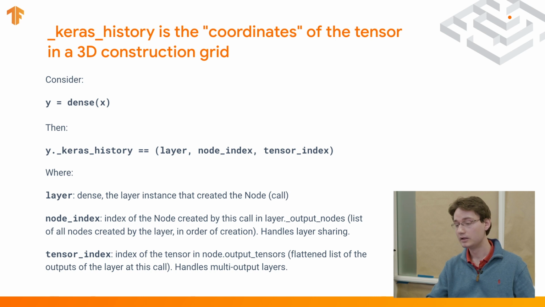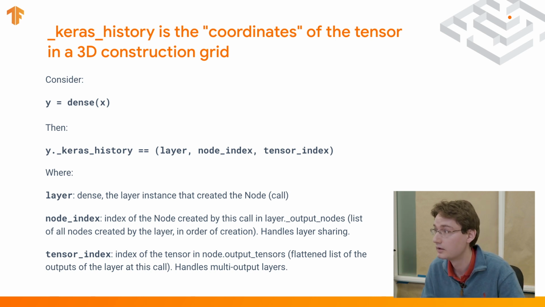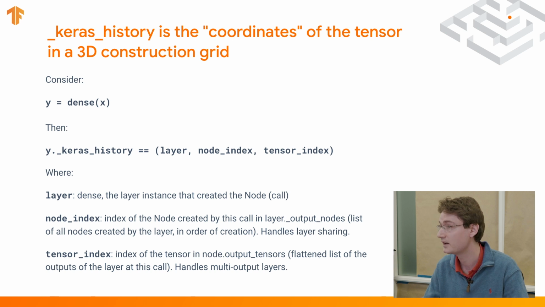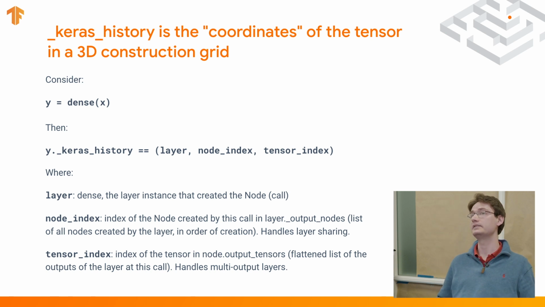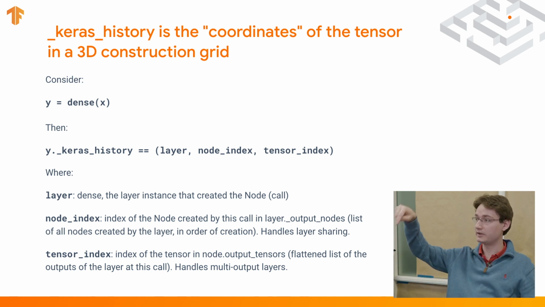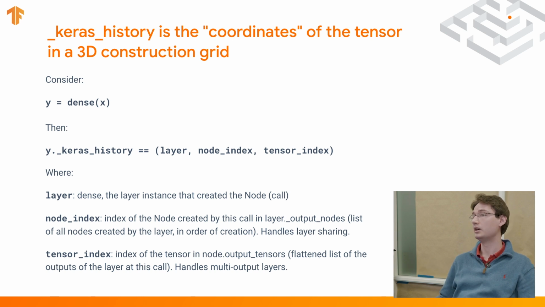And if you take this y and call tf.nn.relu on it, it will still populate the Keras history, though not immediately. The tf.nn.relu op is not going to create this Keras history object, but when this object is seen again by a layer, it's going to walk the graph and check whether it was originally coming from a layer.